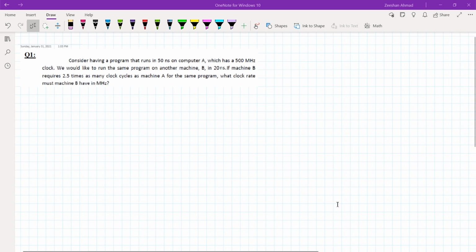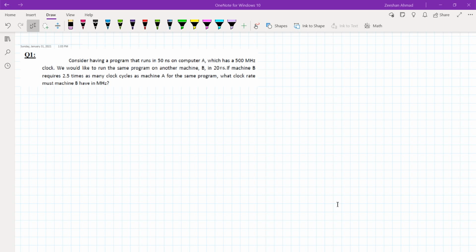Now, just to explain in another word, he said that we have basically a program here. When we execute that program on machine A, it took 50 nanoseconds here. The machine A clock rate was 500 megahertz here. Now he said that we take the same program and we execute it on the machine B, and we want that it should take 20 nanoseconds on that machine.